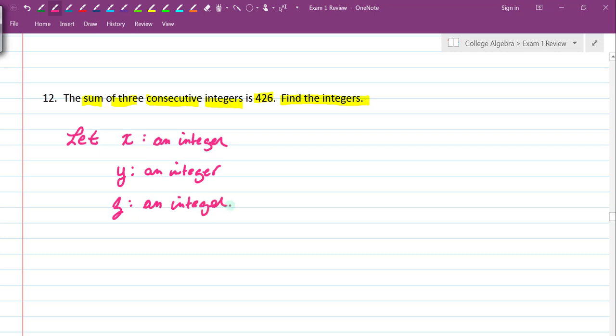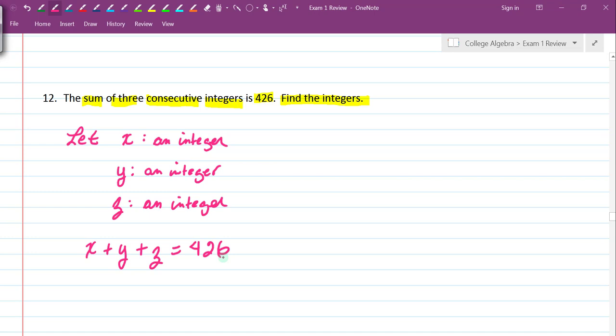Okay, so we have three consecutive integers, and we know that the sum of those three has to be 426. So that means x plus y plus z is equal to 426.